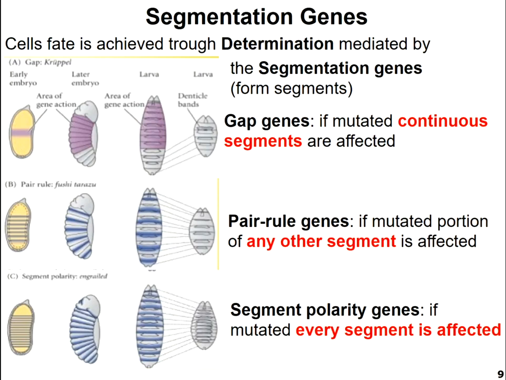And finally, the pair rule genes control the segment polarity genes, and the segment polarity genes are expressed in every single segment. So here you have a pattern of expression for a gene called engrailed, and engrailed is expressed in every single segment. And if we mutate engrailed, so if you remove the expression of engrailed, you obtain a larva which is missing a portion of every single segment.